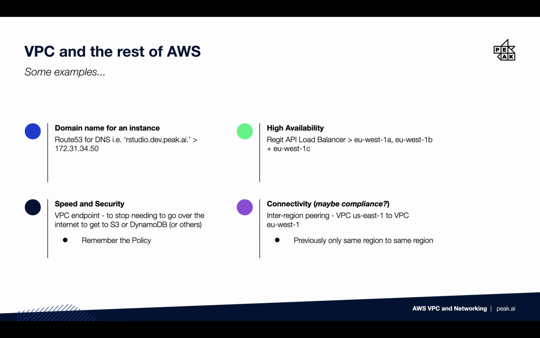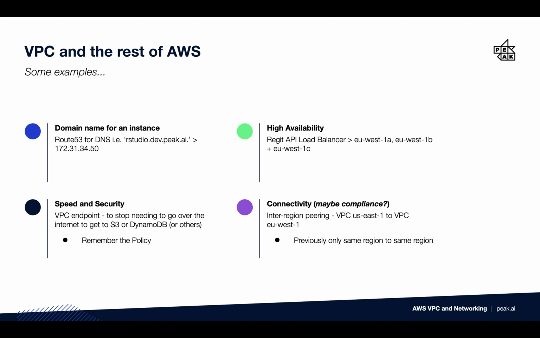Moving to the top right, thinking about high availability. You may have a load balancer that serves an API. That load balancer is registered with multiple availability zones, like EUS 1A, B, and C. And that would allow you to have EC2 instances or resources within each of those availability zones. And then the load balancer serves traffic to all of those.